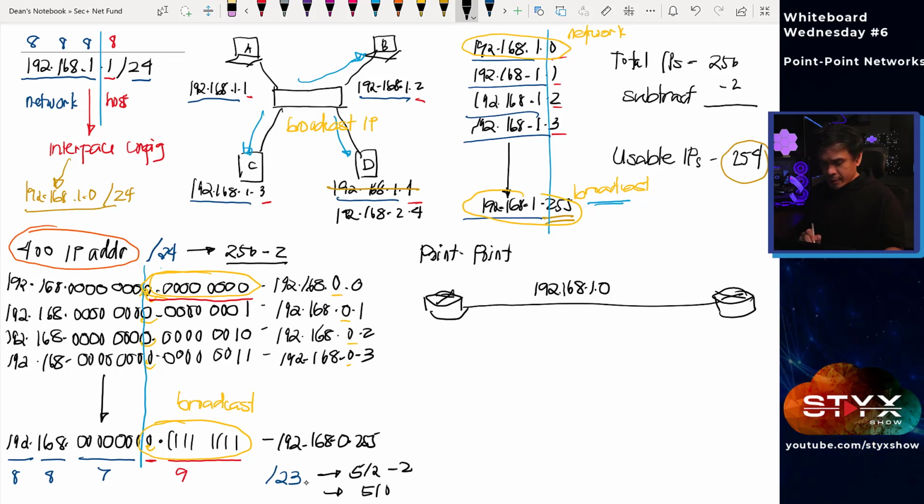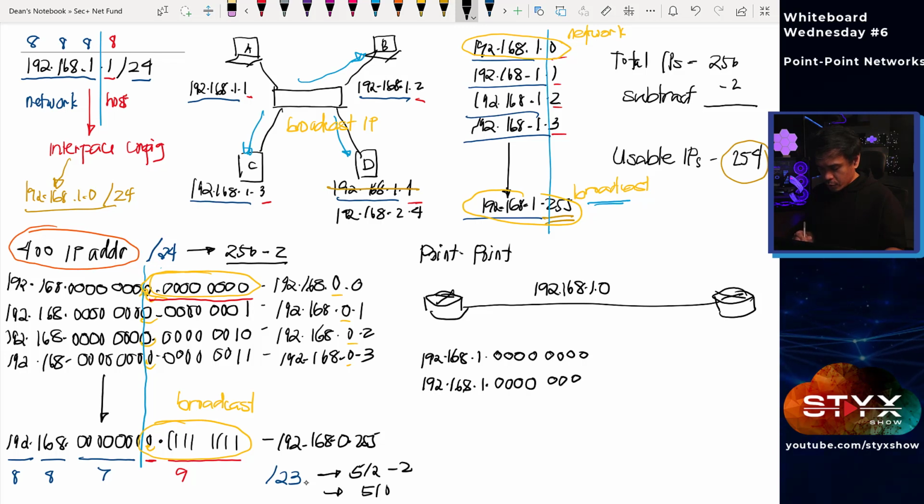What I will do is use 192.168.1. So the first, second, and third octet, all decimal values, I will just convert the last octet to binary. 192.168.1.00000001.